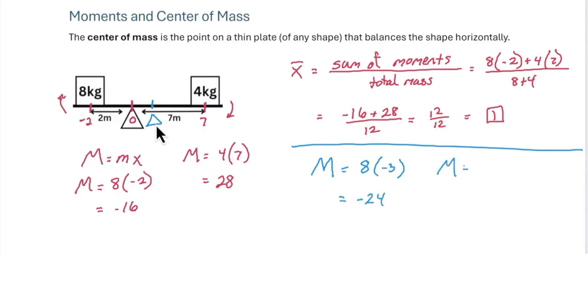The moment on the right side would be 4 kilograms times, it is now 6 units away, meters in this case, from the fulcrum. So the moment on the right is 24. And again, we're mostly concerned about the magnitude of those moments. Both of those being 24, we now have a balanced system with the fulcrum at 1.